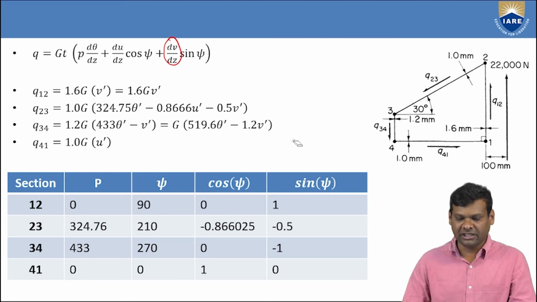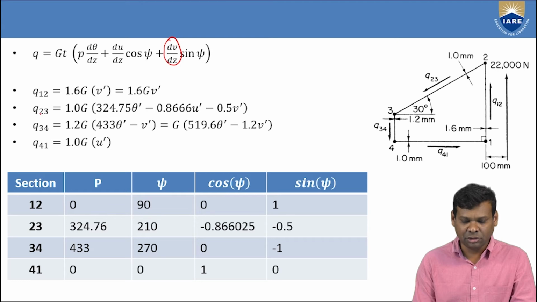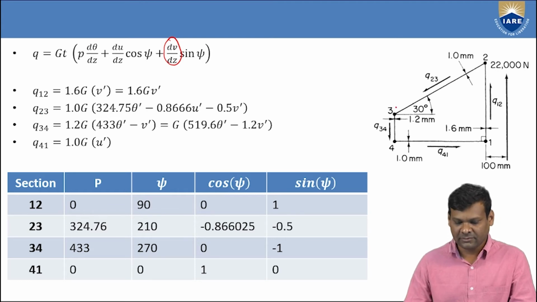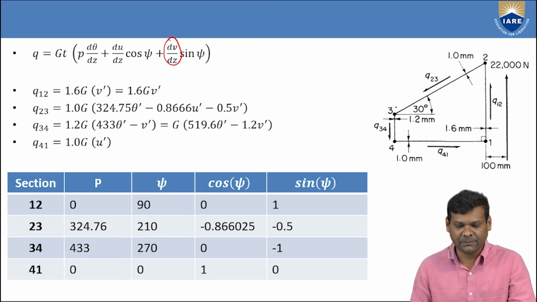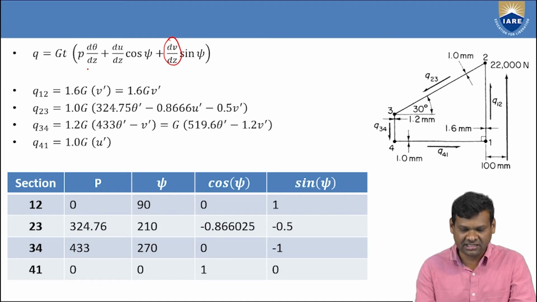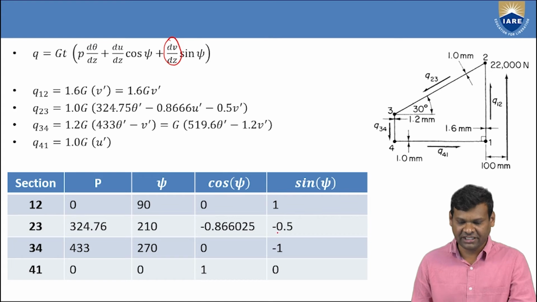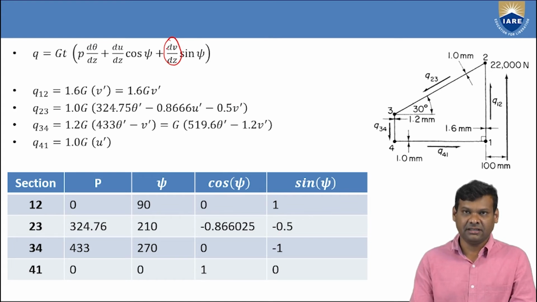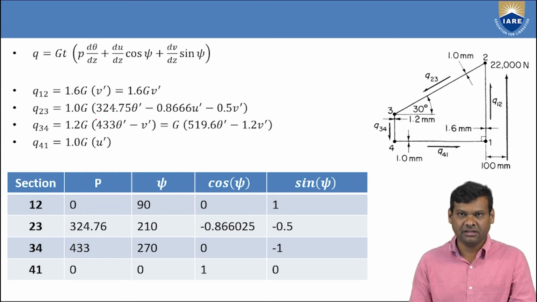Similarly, let us look into Q23. Already we have determined the perpendicular distance, that is 324.76, with cos phi as minus 0.86 and sin phi as minus 0.5. Directly substituting these values in the above formula, I got Q23 equal to the thickness 1.0 G into so and so.